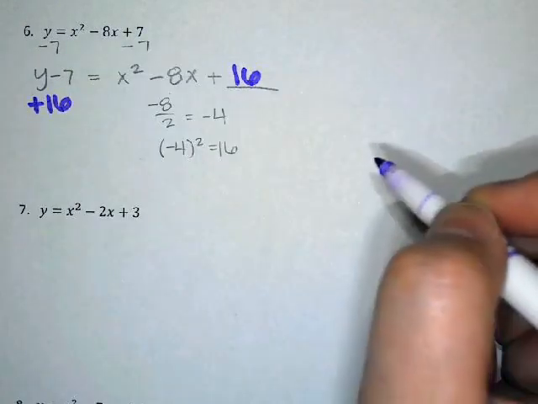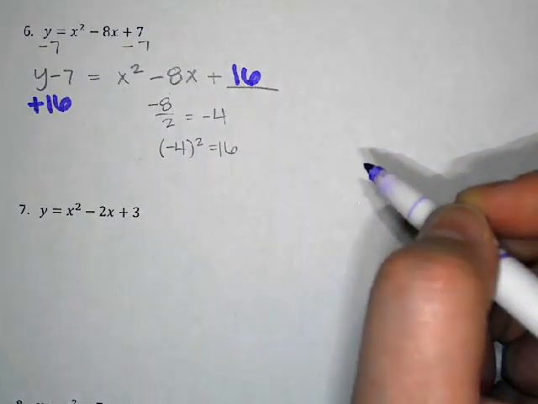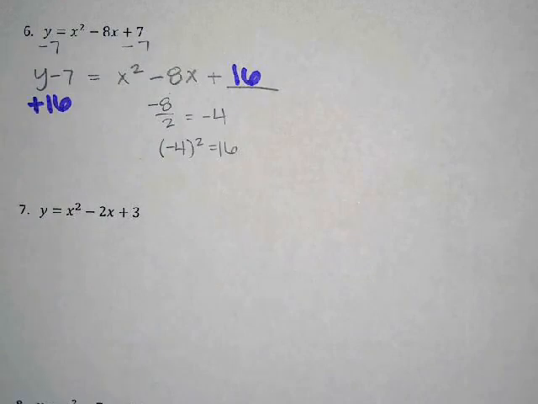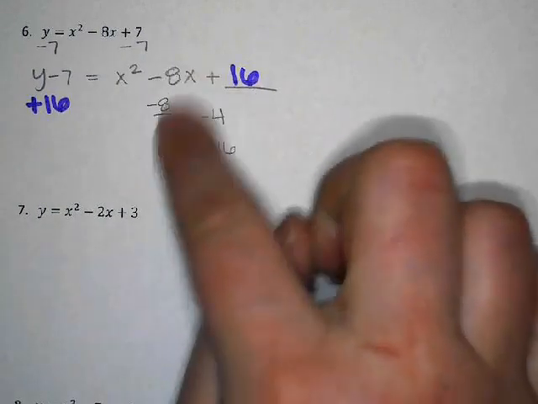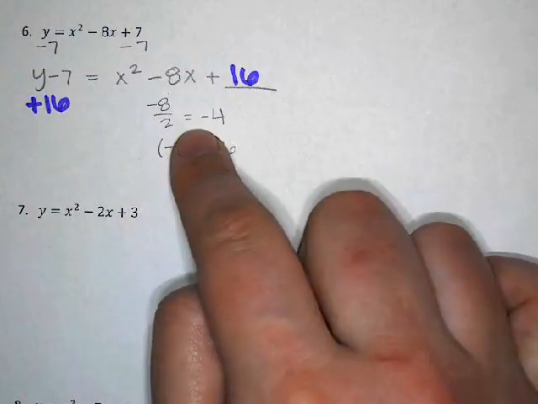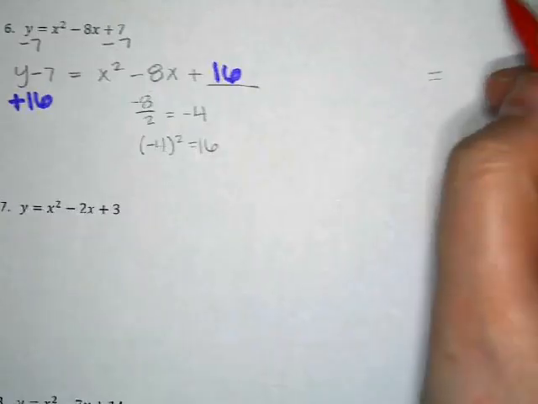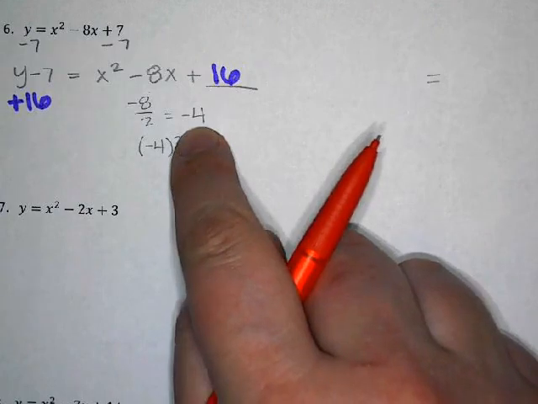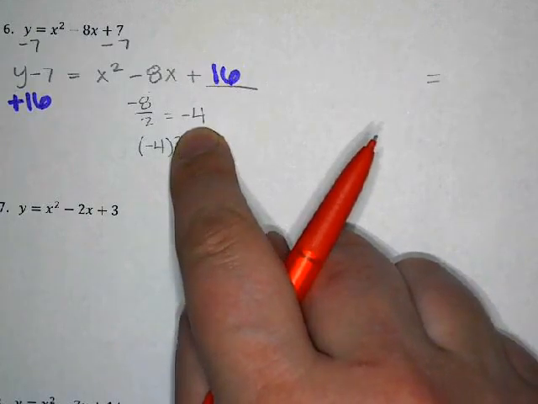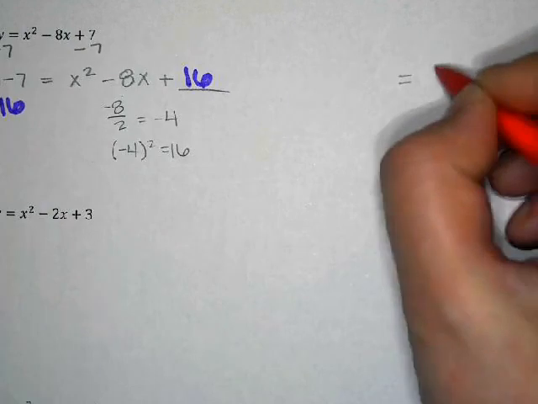Okay? Now at this point, I can rewrite the right side as my parentheses. I take the number that I got when I divided by 2, negative 4. That goes in my parentheses. So I have x minus 4 squared.